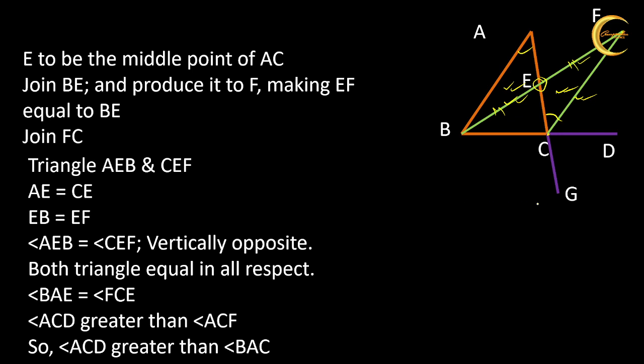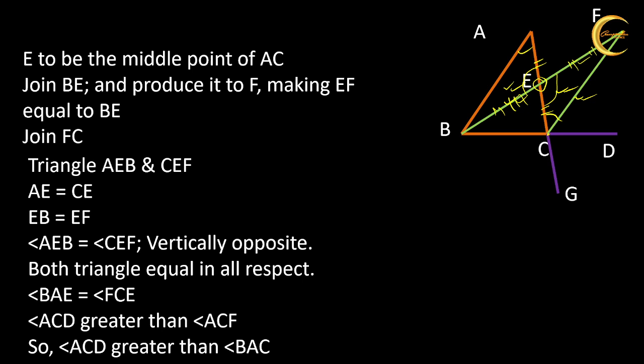So now you see here, this is AE. E is the middle point. So this AE equals EC, and this BE equals EF, because we have drawn it so. And this AEB angle is the vertically opposite angle of CEF angle.